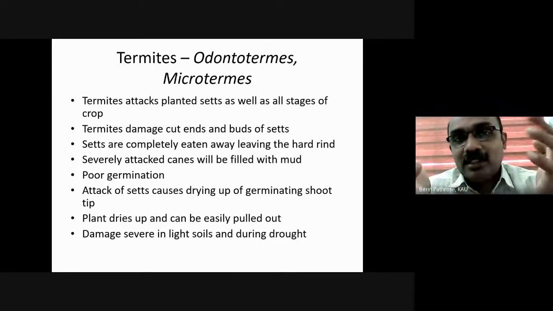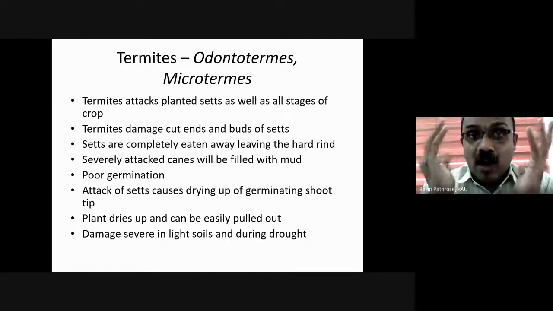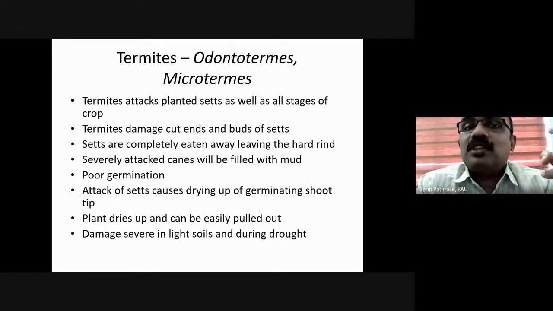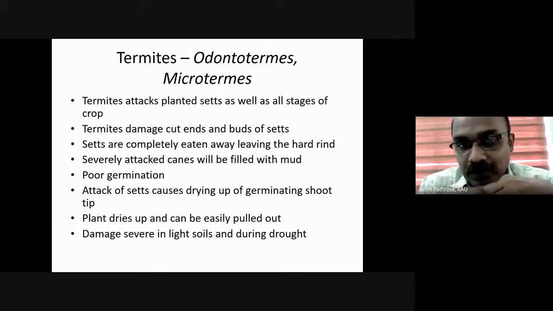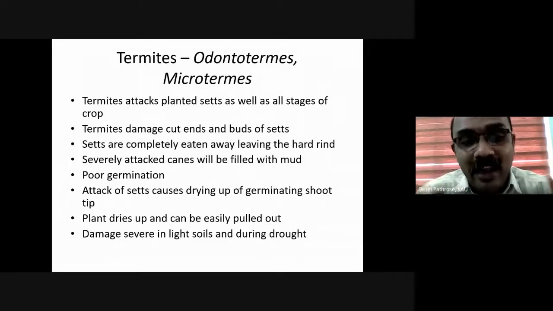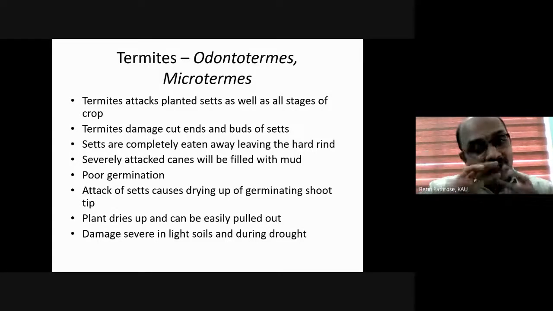So what you might have observed is, if you take a fresh sugarcane for eating, the outer rind is extremely hard, and the inner portion is extremely juicy and fleshy, which we consume. So what the termite will do is feed on the juicy inner content, while the hard outer rind will remain as such.